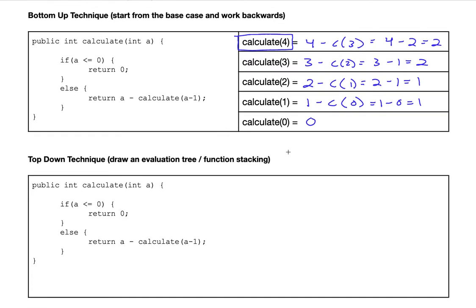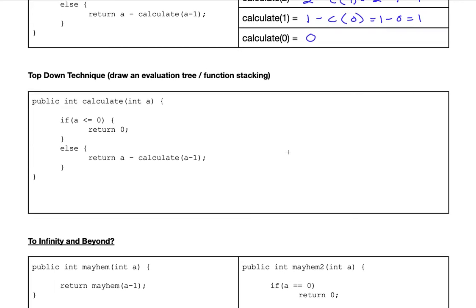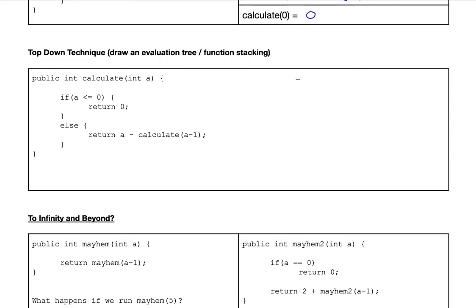Another way to go through this, and this is the technique that I usually use, is what's called making an evaluation tree. So the goal, once again, is to figure out what calculate of 4 is. I'm abbreviating calculate as C. I don't hit the base case, but what it tells me I'm supposed to do is do my A value minus the calculate function on 1 less than A, so that's 3.